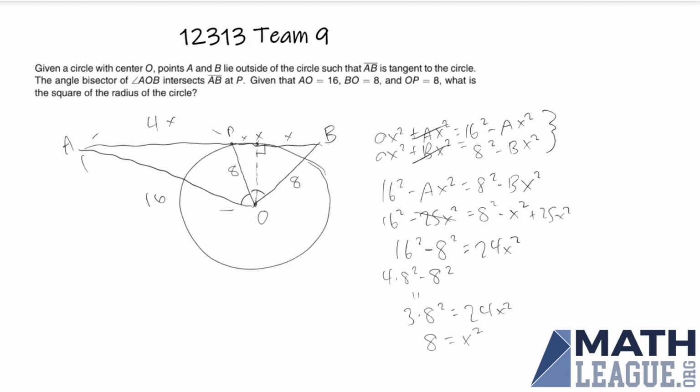So finally, we want to find OX, because OX, as we said, was the radius of the circle. So OX squared equals 8 squared minus BX squared, so 8 squared minus x squared. But we know that x squared equals 8, so we just have to do 8 squared minus 8, which equals 56.